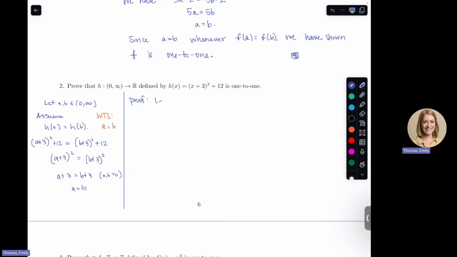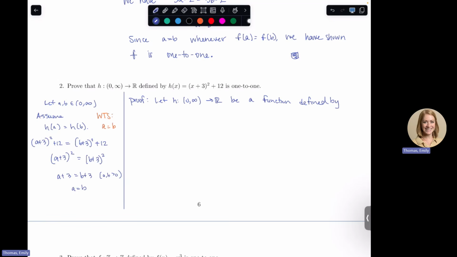All right, so we are going to let h from 0 to infinity to the real numbers be a function defined by h of x equals (x plus 3) squared plus 12.